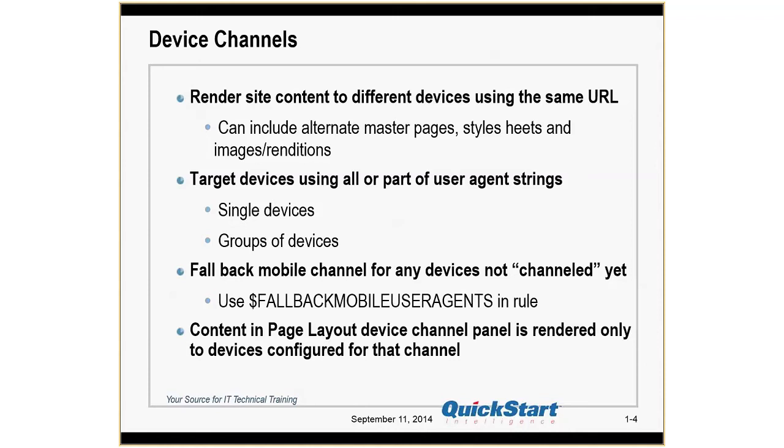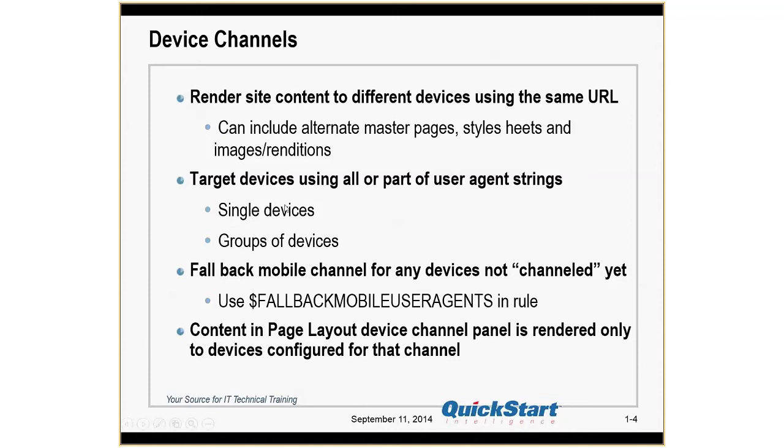We can give a nice, clean display of the content for that particular device with the browser window the size that it is. And there's several advantages that we'll talk about. Device channels, which is an alternate or an additional tool that Microsoft has provided to us in SharePoint to enable targeting content and HTML to particular types of devices.